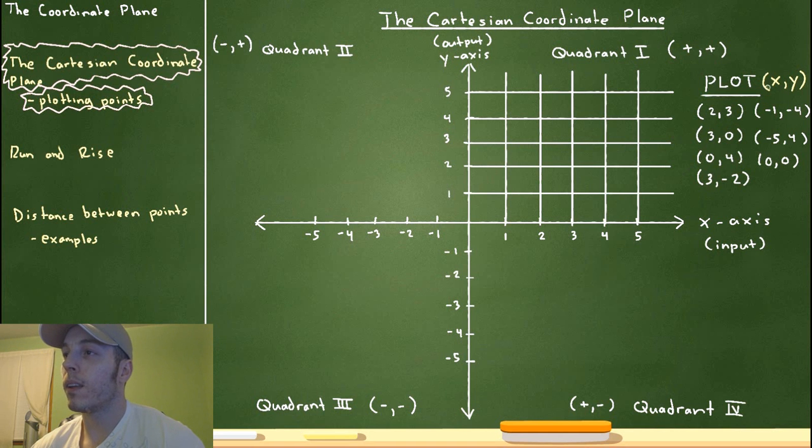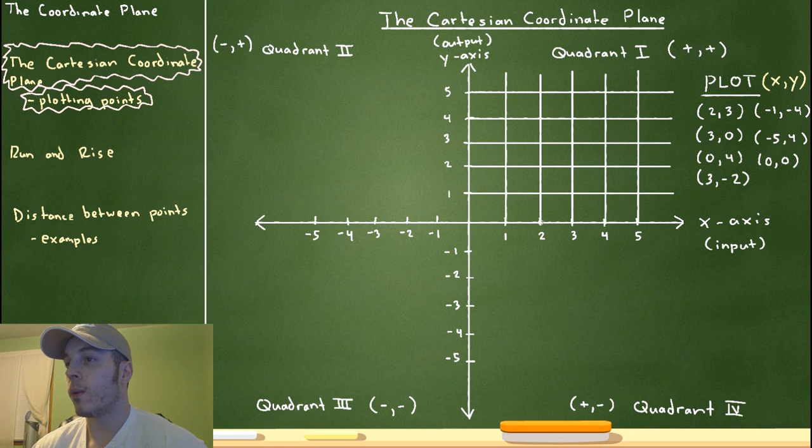So 2, 3. How do we do this? Well, first the 2 represents the position of your x variable. So we begin in the center whenever we're plotting a point. We begin at the point 0, 0. Again, this is called the origin. Now we're going to move to the right 2 spaces. So 1, 2. That's our x position.